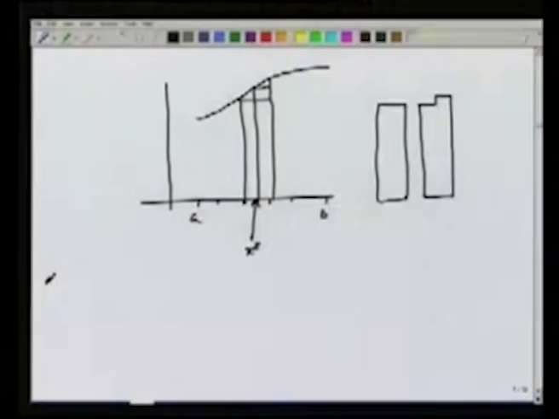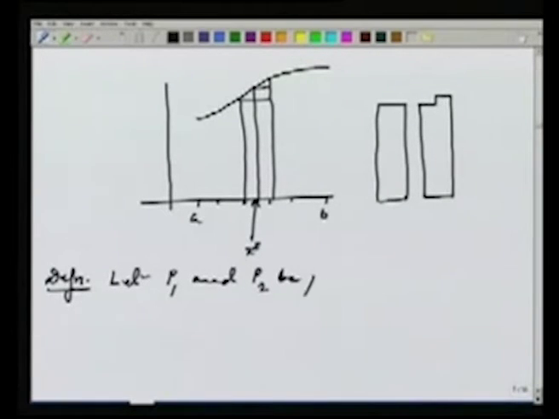I first define something called refinement of a partition. Let P1 and P2 be partitions of AB.